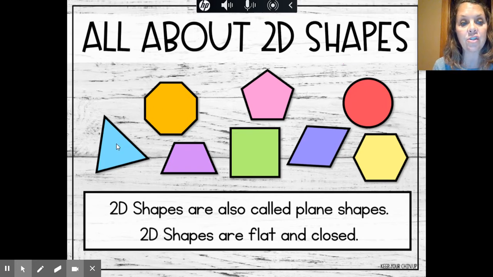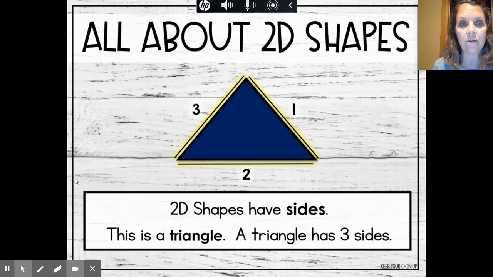So remember that a shape, in order to be a polygon or a 2D shape, has to be a closed shape, okay? So here are some different 2D shapes here, and we're going to learn about them. Some of this will be a review because you did learn about it in kindergarten as well.